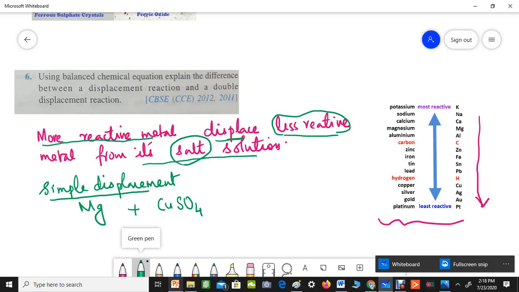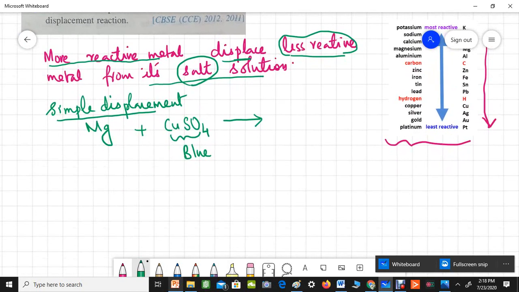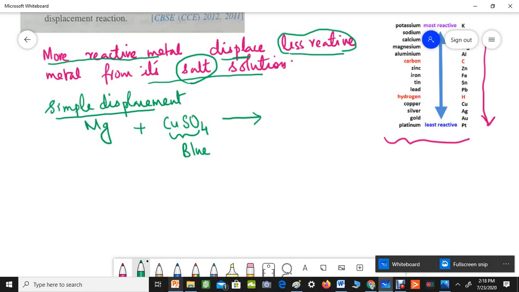So magnesium metal, when we put in copper sulfate solution, which is blue in color, the more active metal can displace the less reactive metal. So basically we are comparing the reactivity of two metals over here. Which are the two metals present here? Magnesium and copper.